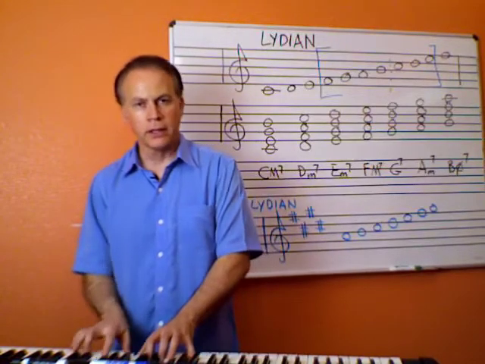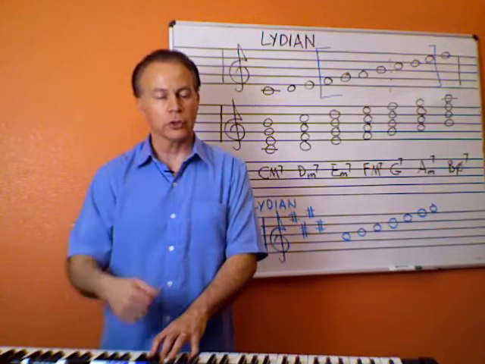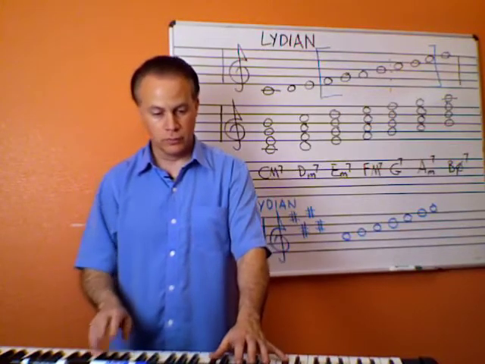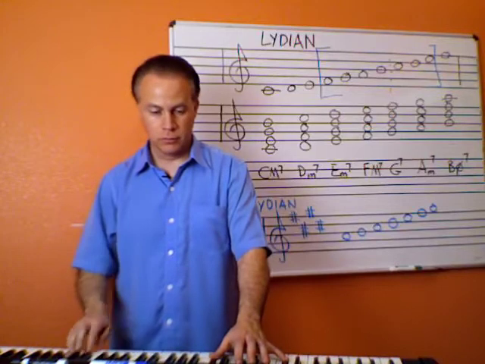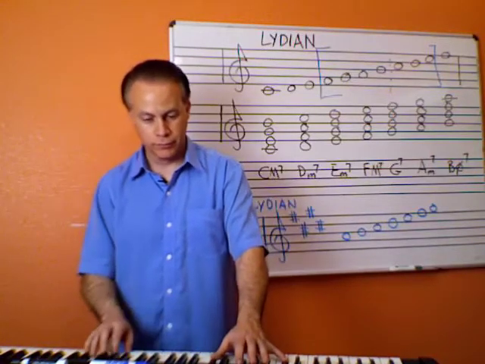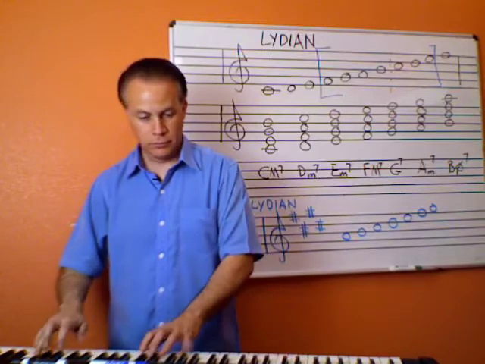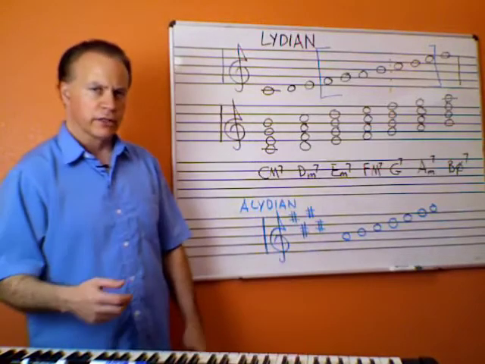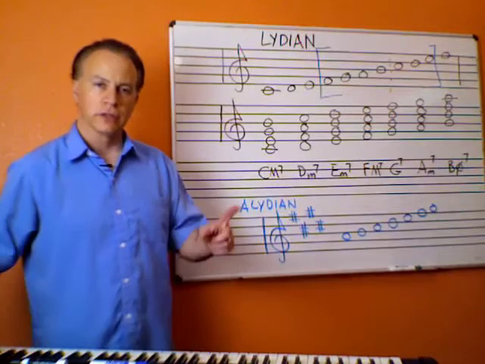This is what we would play on an E flat major 7th chord if it was a 4 chord in the key of B flat major. One more time. Okay. So the idea of Lydian is if a chord's functioning like a 4, you use Lydian.